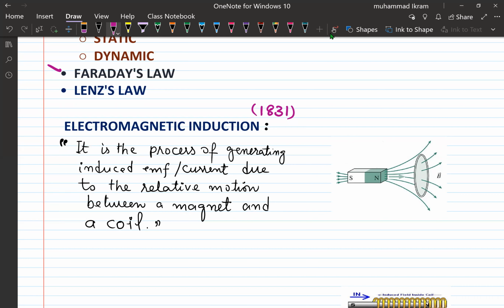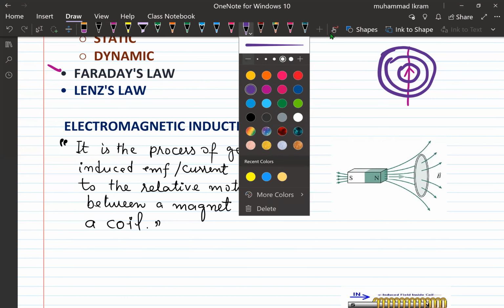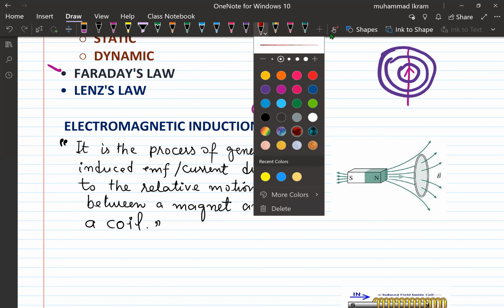The reason why: in 1826, when Oersted discovered the magnetic effect of the current, if you remember, when there is a current in a conductor, then there is a magnetic field around the current carrying conductor.